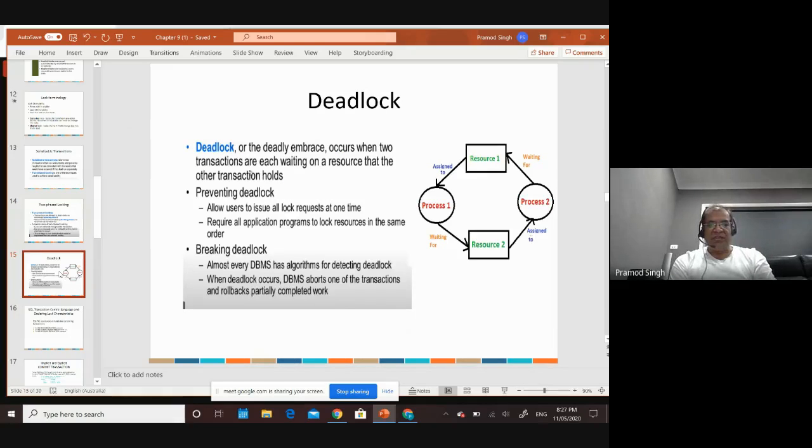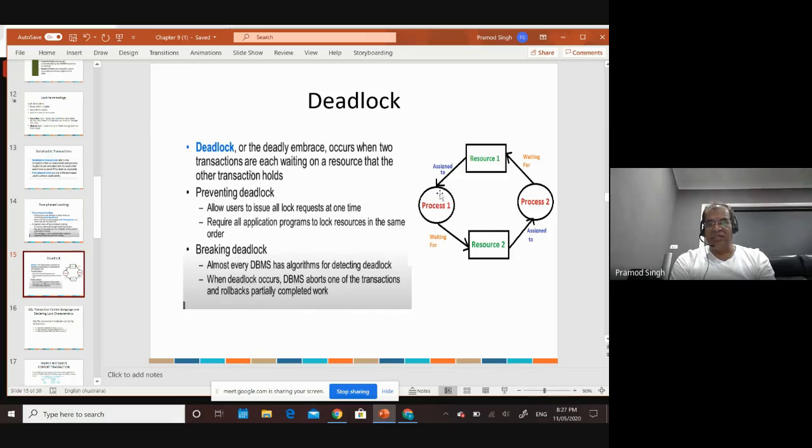The last slide of this part of the lecture is the deadlock. Locking is very interesting and important, but it can appear in a deadlock situation. What is the deadlock here? Suppose there are process 1 and process 2 in the right hand side diagram. Process 1 requires resource 1 record and resource 2 record.